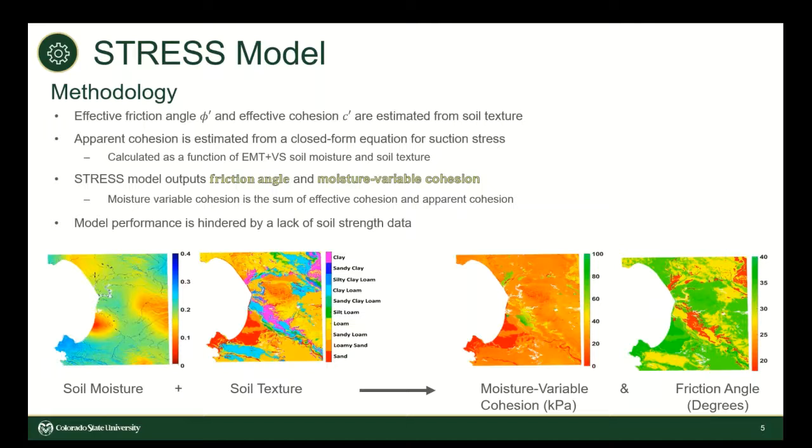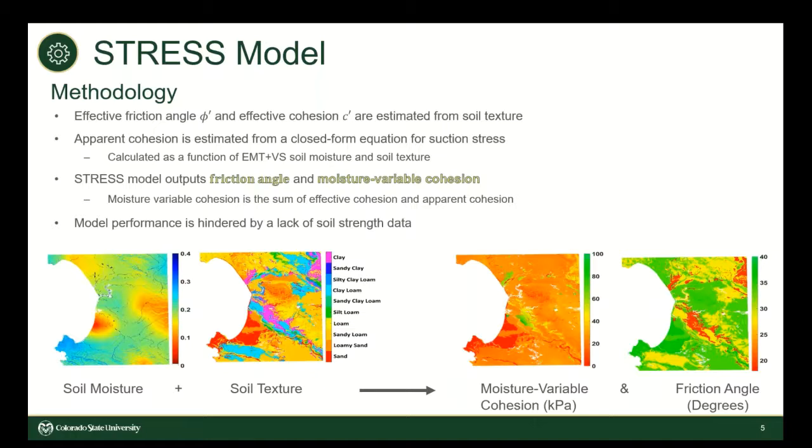From this, the STRESS model takes the soil texture data from remote sensing and estimates an effective friction angle and effective cohesion. Remember, the effective parameters are the parameters that describe material properties, hence why they vary with soil texture. The STRESS model then takes apparent cohesion estimated from a set of equations using EMTBS for water content.